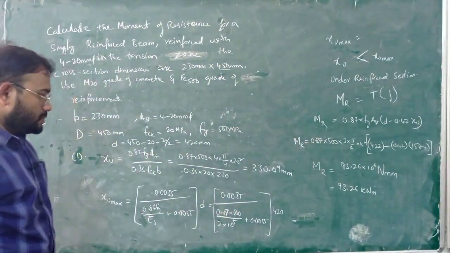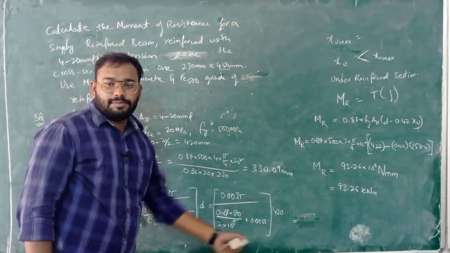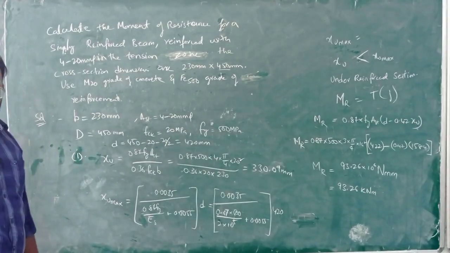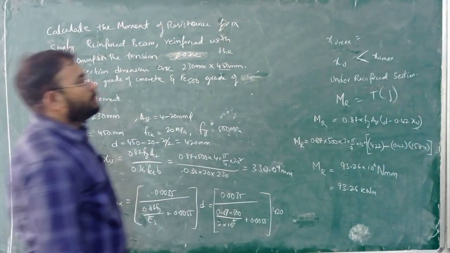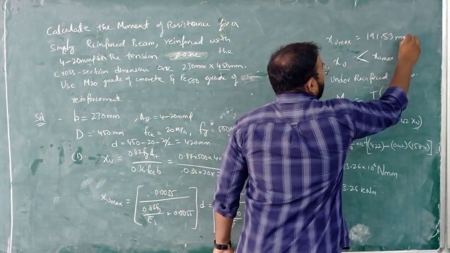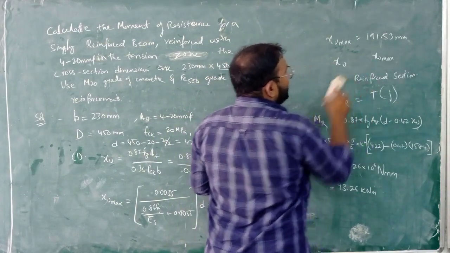Now substituting here 4 multiplied by pi by 4 into 20 square, we get 1256 mm square.